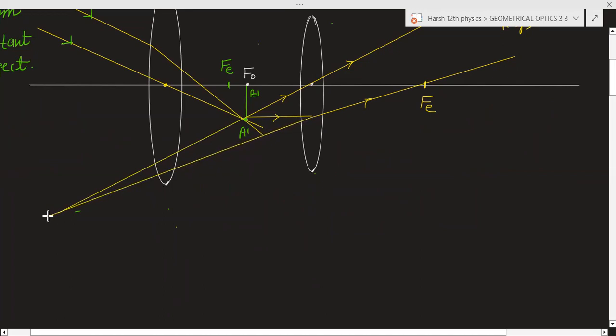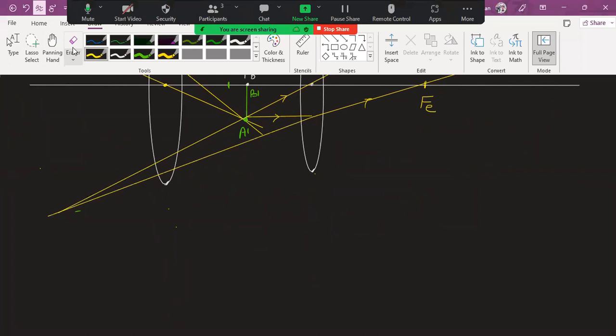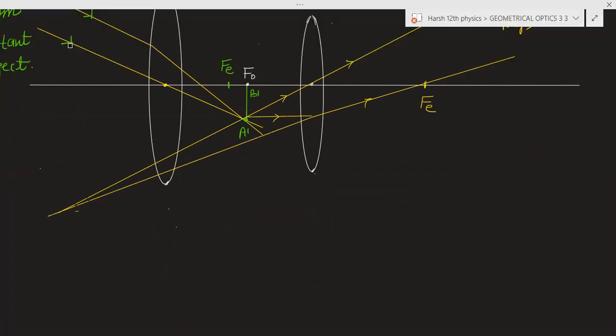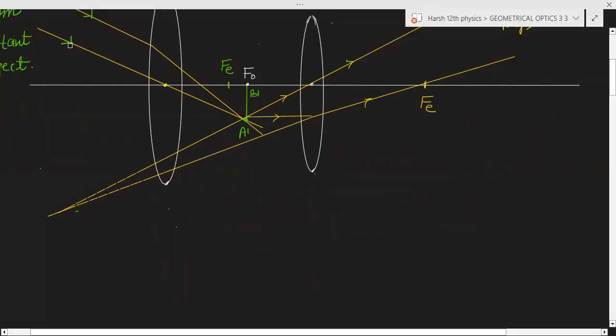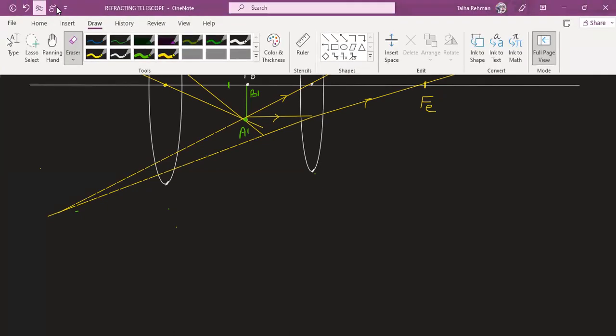Somewhere here, these diverging rays will meet. So we will make these produced diverging rays with the dotted line. Somewhere here the final image will form.